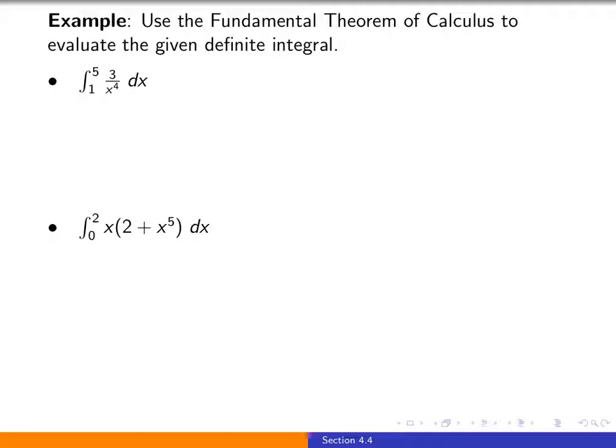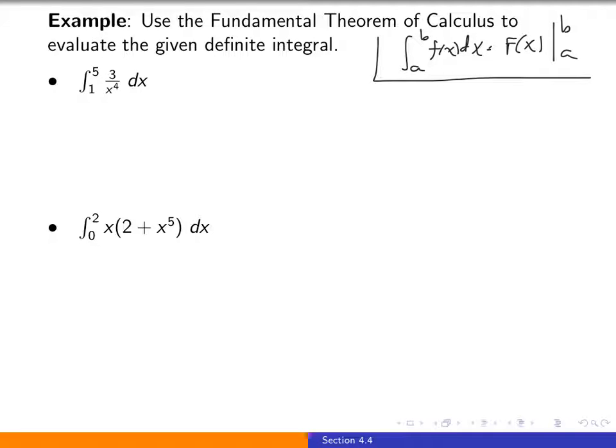So let's use the fundamental theorem of calculus to evaluate the given definite integrals. And let me just write this down to remind us. The definite integral from a to b of the function little f is big F of x, its antiderivative, evaluated from a to b. So what we need to do is think about, for the function given here, what is an antiderivative?